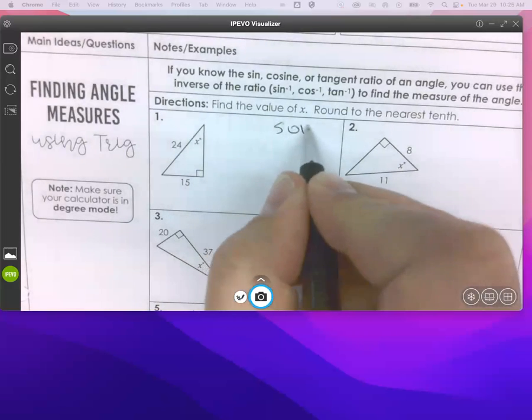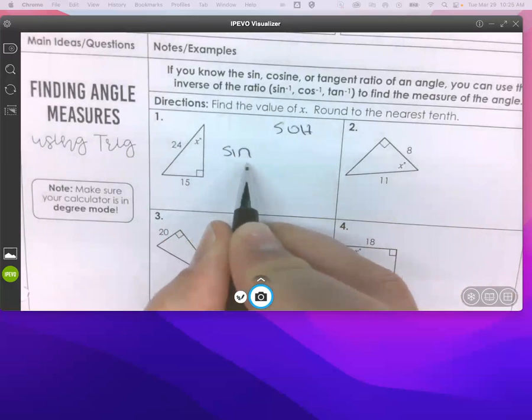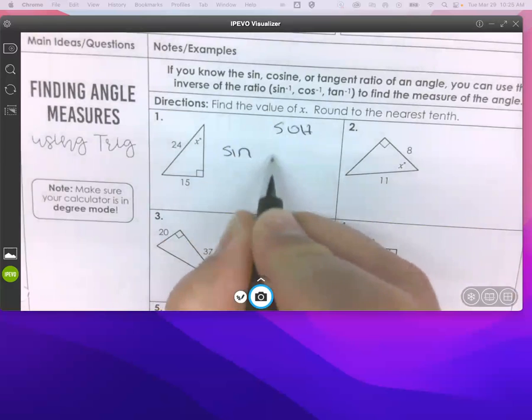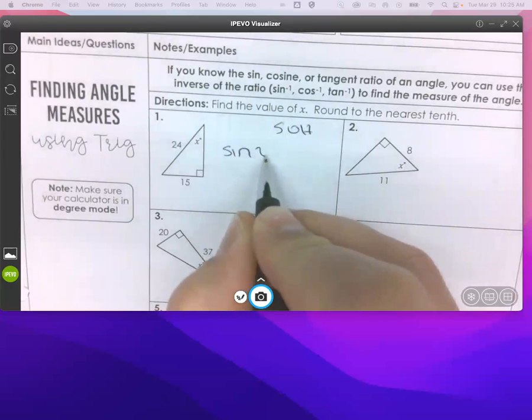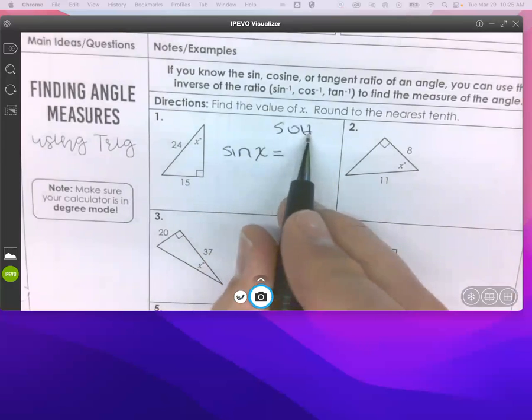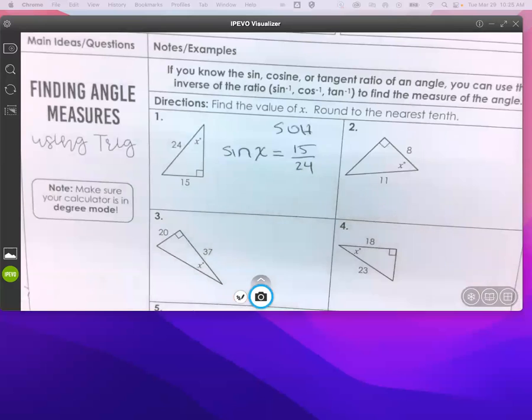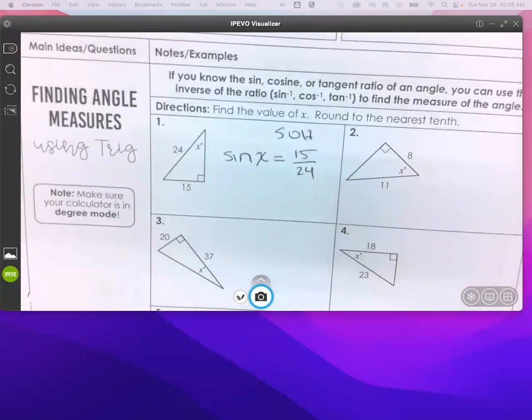That calls for a sine. So always, always, always after the trig function comes which part? The angle. So in this case, it would be x equals the ratio of opposite over hypotenuse. So 15/24. That's the end of my geometry.